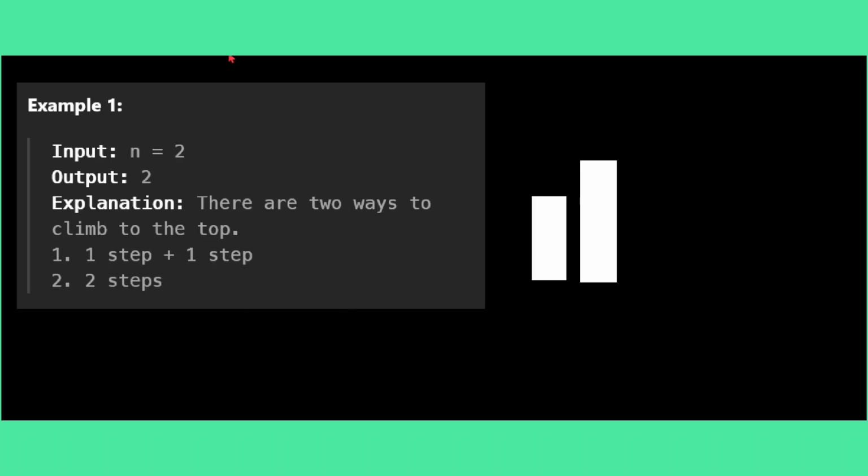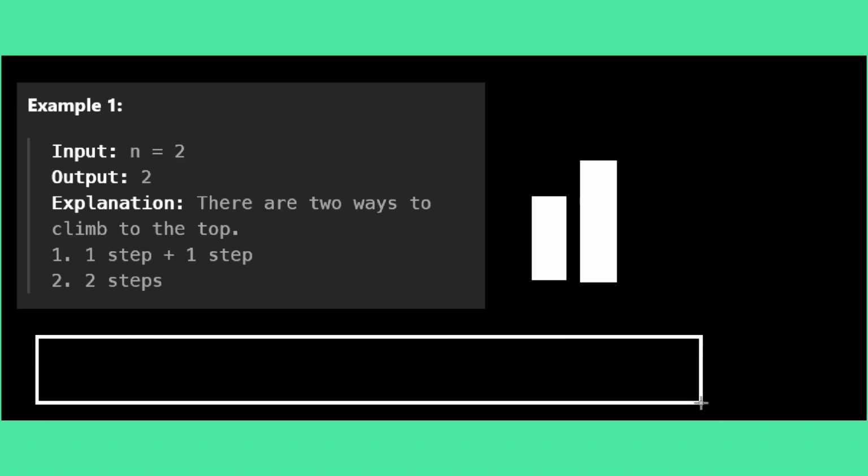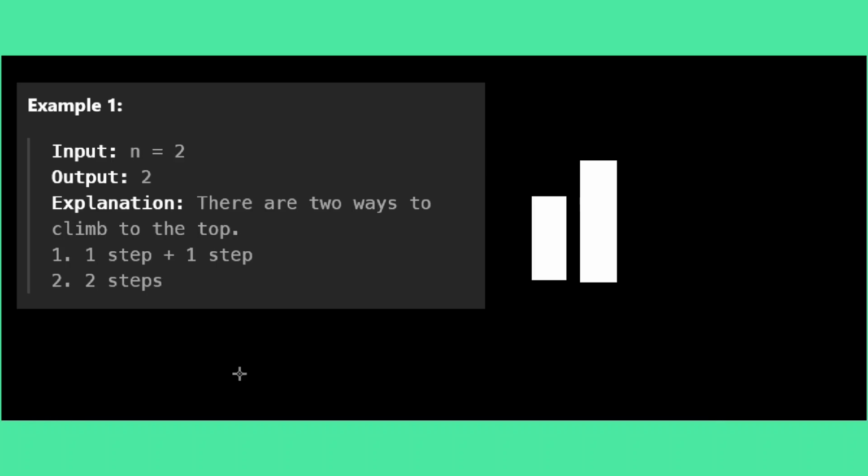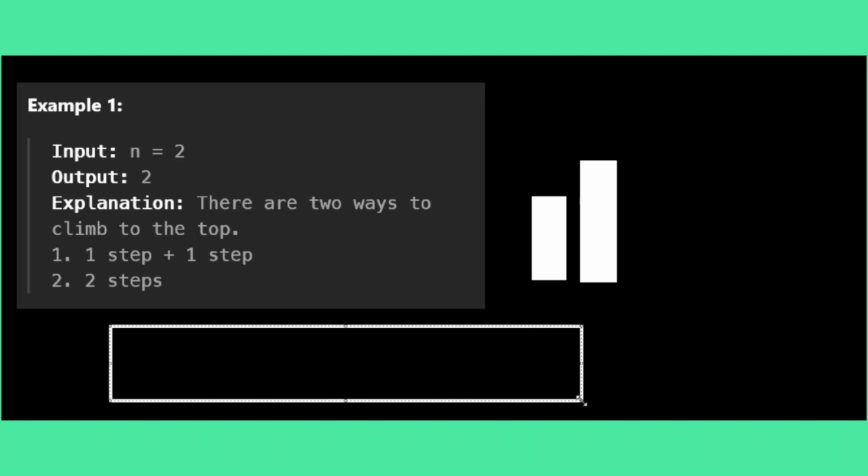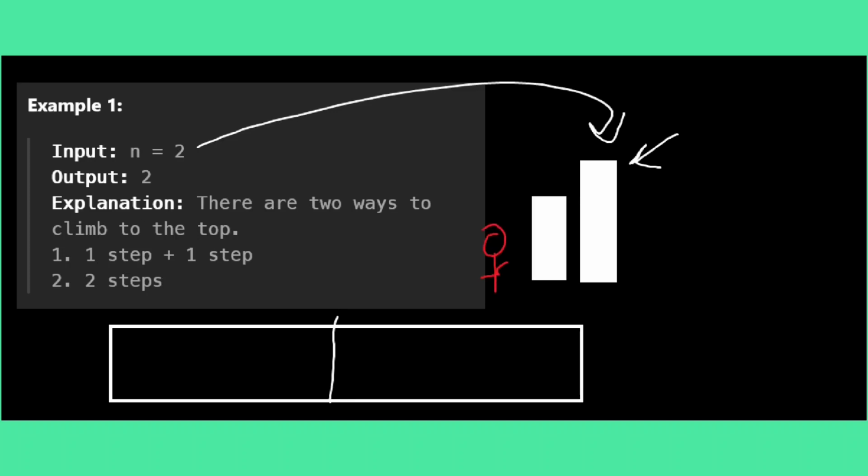In this array, let me quickly create an array. Okay, too big, so I'll just create a size 2 array. If I want to reach this step, which is n equals 2, what can I do? I can take one step and then one more step, plus one.